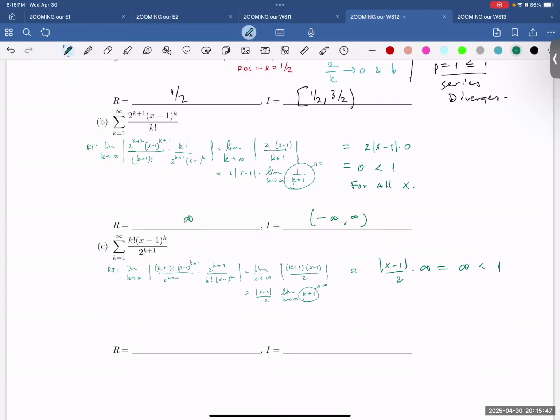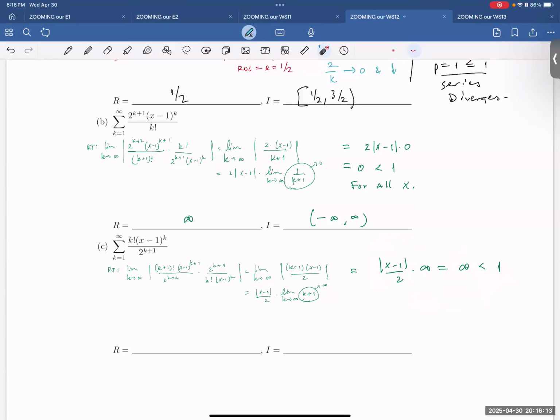You have to look back at the x, or look back here, because we took our limit, we had this thing in front, but then we had infinity. So you're thinking no matter what this is, we're going to hit it with a big thing, infinity, and we're going to get infinite, which is never less than 1. So we tend to think there's no interval of convergence, but that's not true.